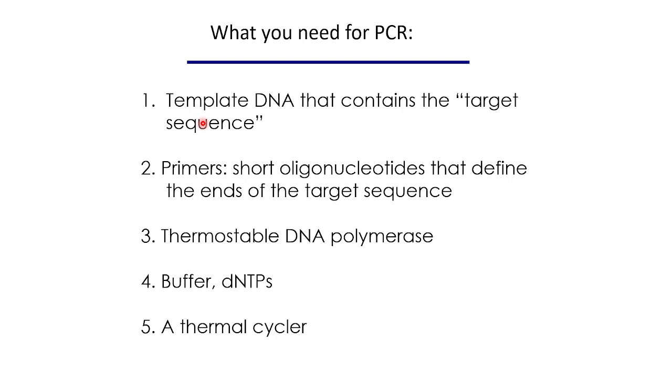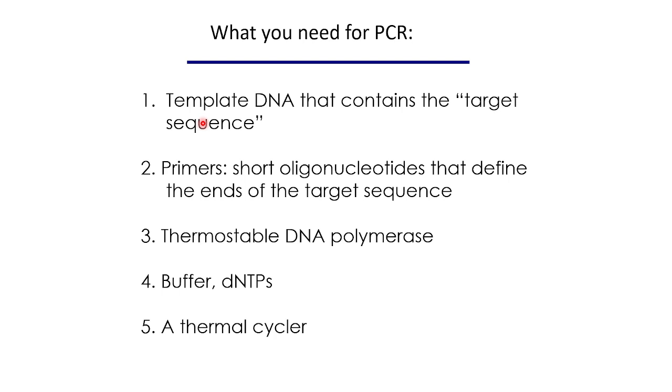These occur at different temperatures, which are controlled by the thermal cycler. And lastly we require a thermostable DNA polymerase, or the Taq polymerase. Sometimes we use other enzymes like Fusion polymerase, which play an important role in the PCR reaction. These can handle very high temperatures, and because of that we use these particular enzymes in the PCR reaction.